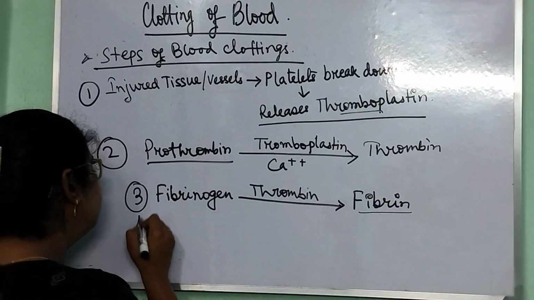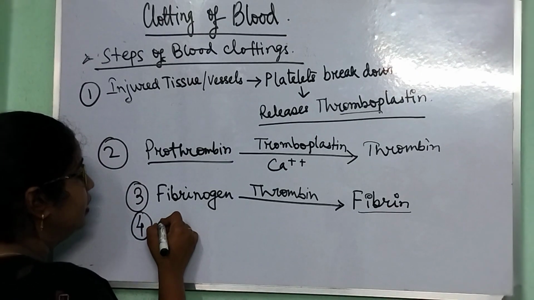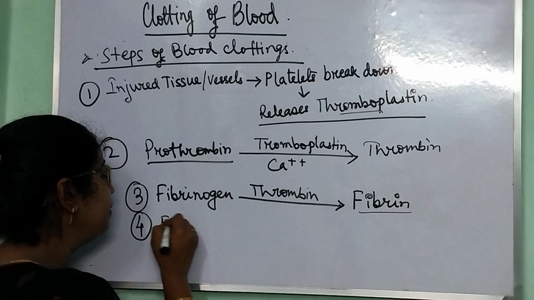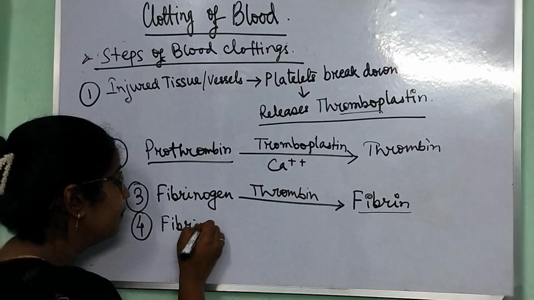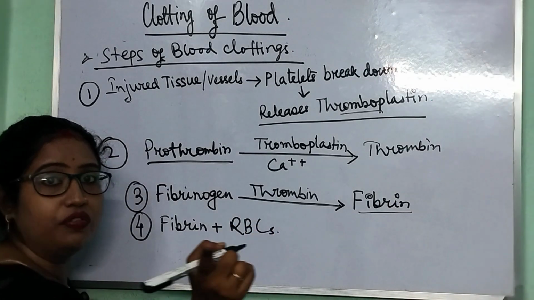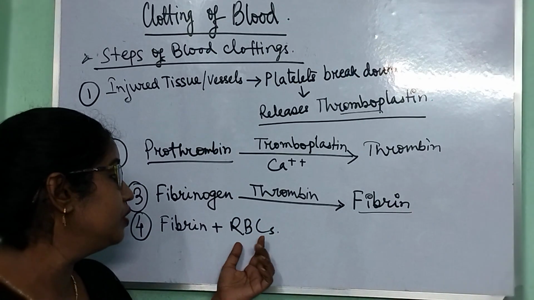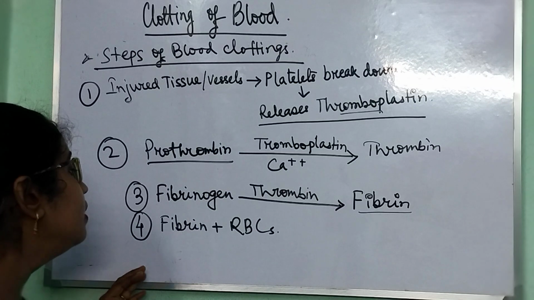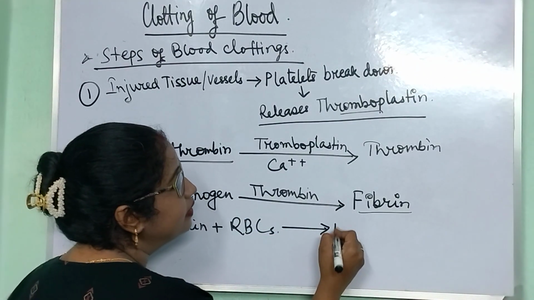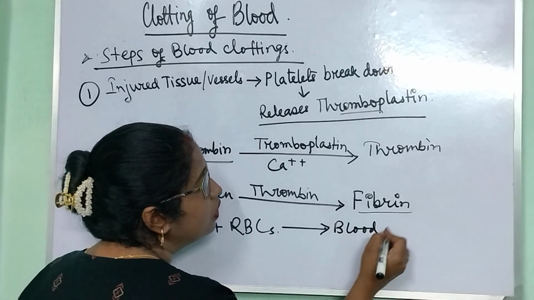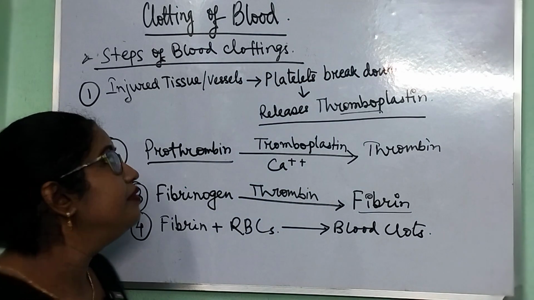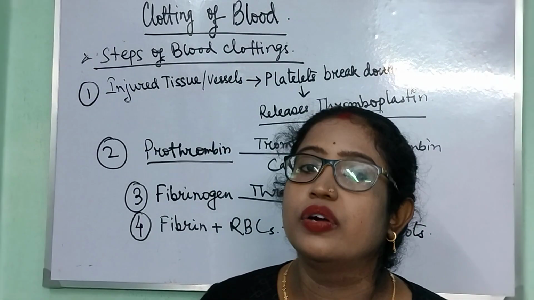So the fourth event is the fibrin and the RBCs; the red color of the blood clot is due to the RBCs. In the fibrin mesh, the RBCs get stuck and the blood clots. So these are the 4 events or steps of blood clotting.